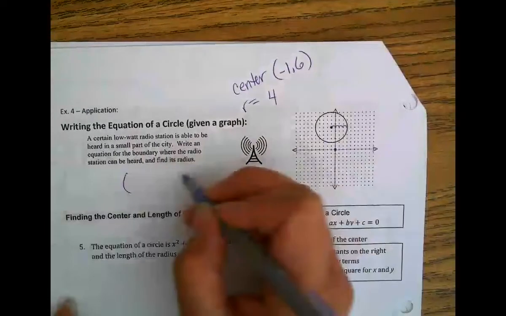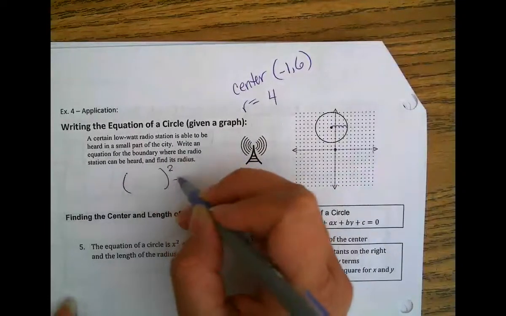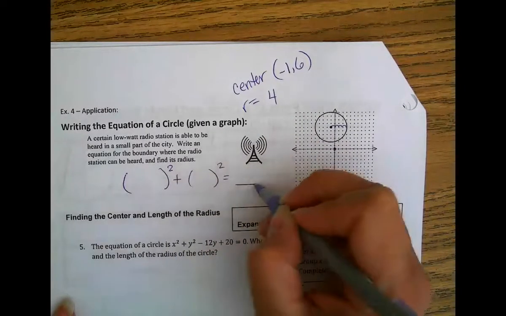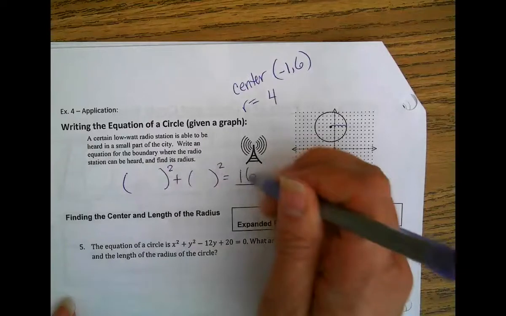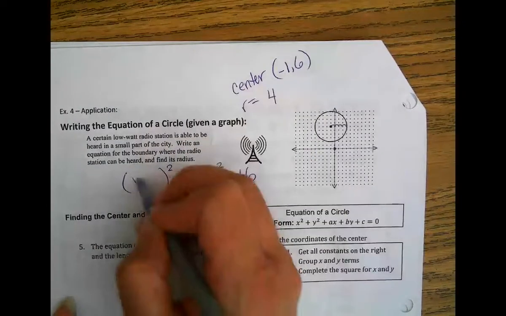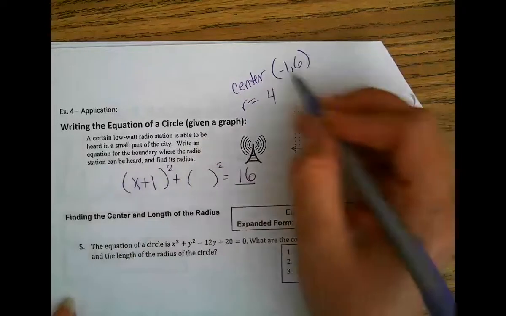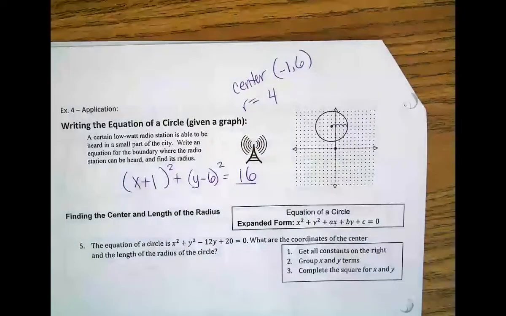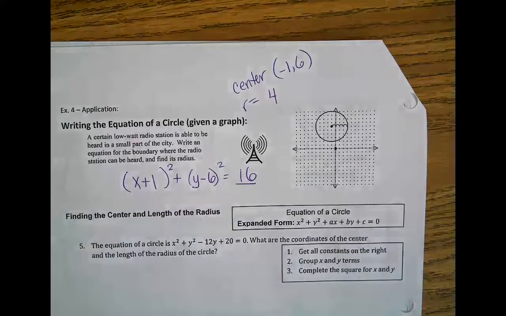So writing the equation, we have a set of parentheses squared plus a set of parentheses squared equals the radius squared, which is 16. Our x value is negative 1, so it goes in as x plus 1. The y value is positive 6, so it goes in as y minus 6. That is the equation they're looking for.